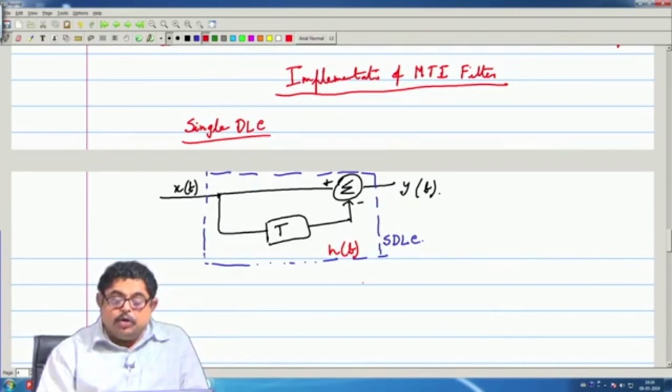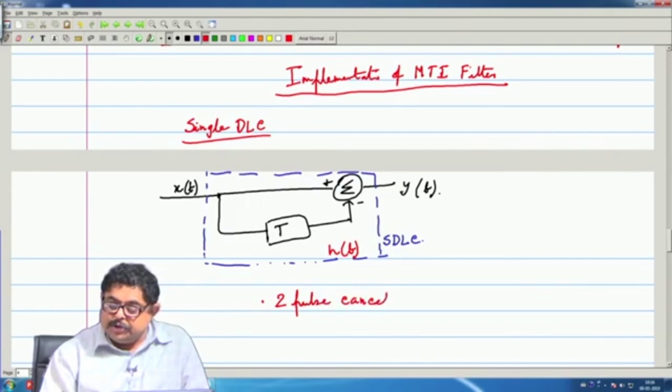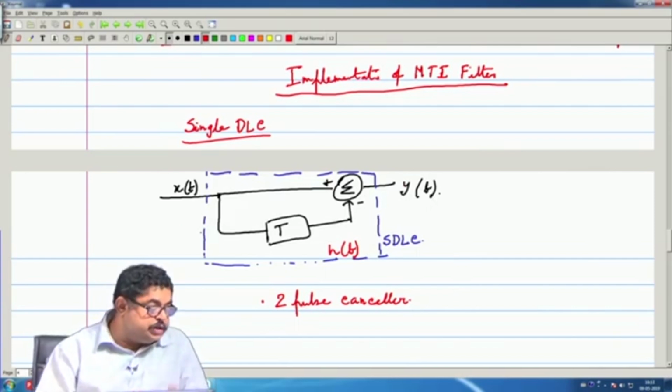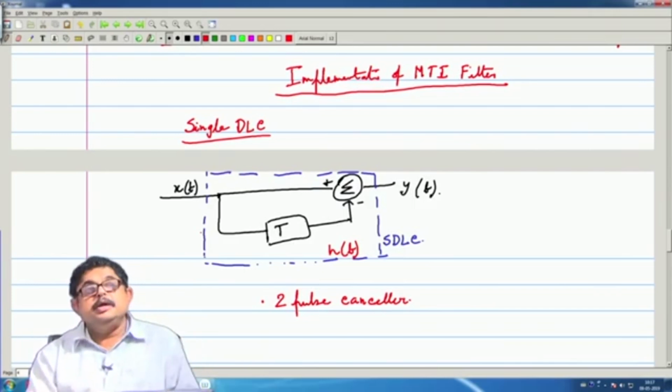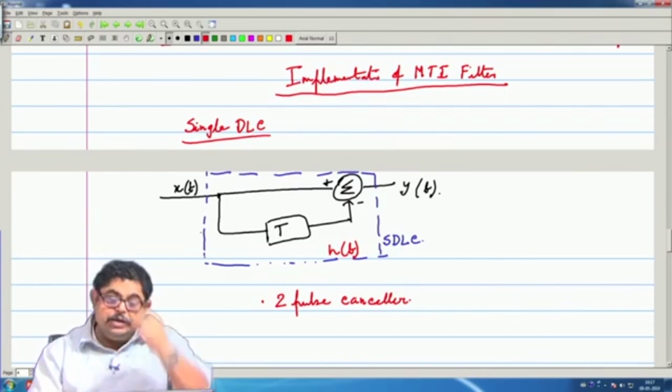Now, this is also called a 2 pulse canceller. Why 2 pulse? Because its output will come after 2 distinct input pulses or echoes have come, since you are delaying.